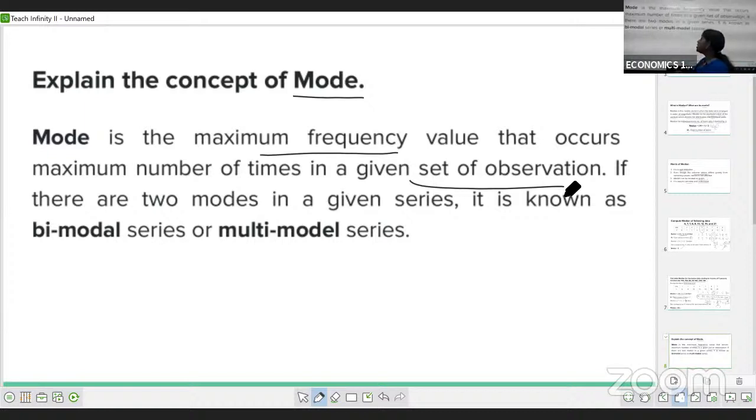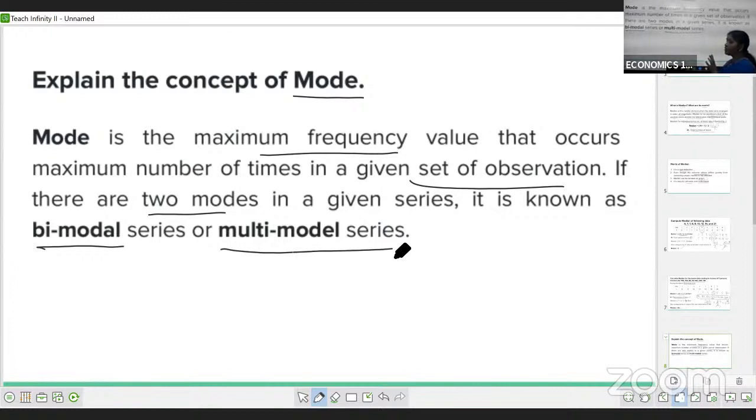Sometimes in the given series we have two modes, meaning two numbers are repeating again and again. Then we call it bimodal, or we can call it a multimodal series.